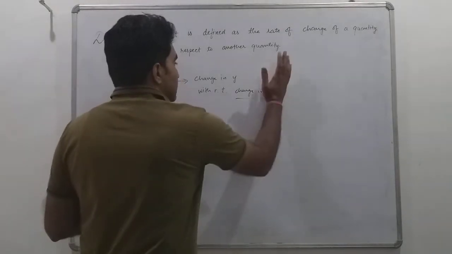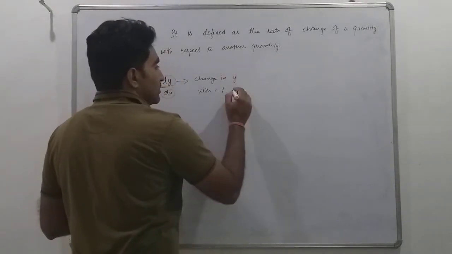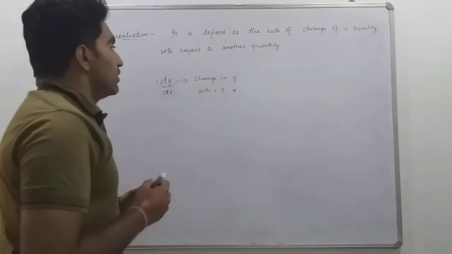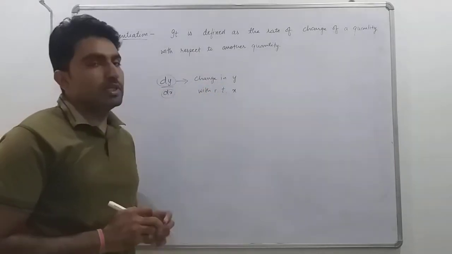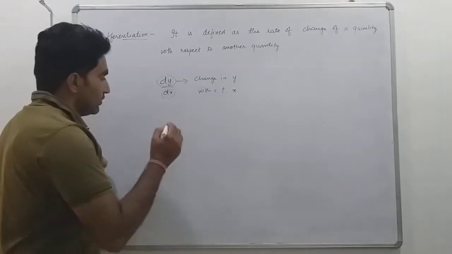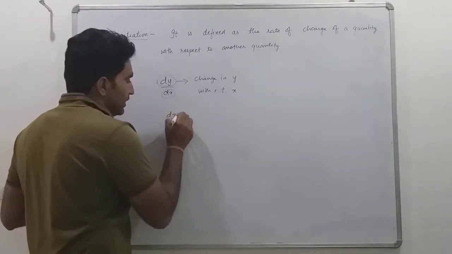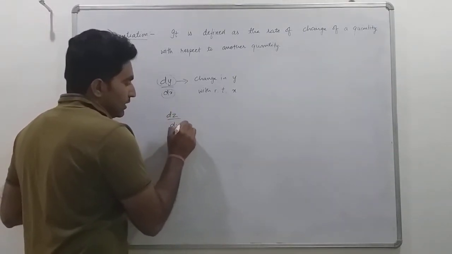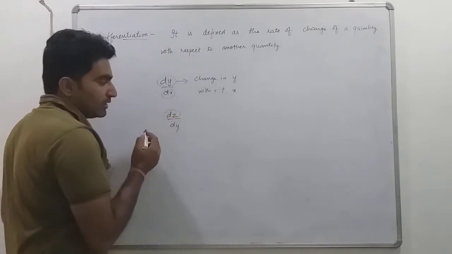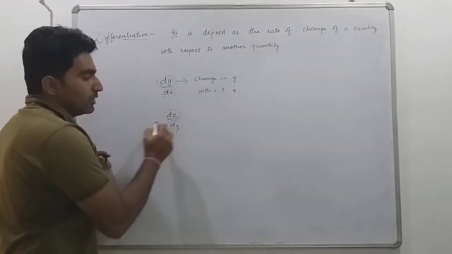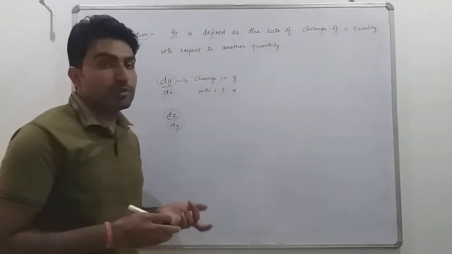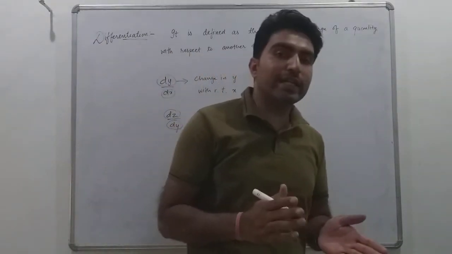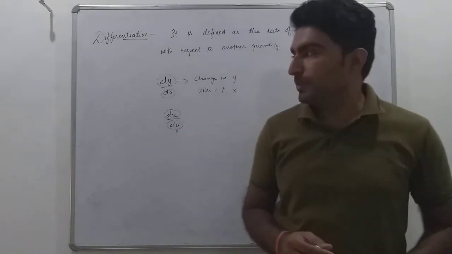Okay, dy by dx means change in y with respect to x. Again, if you write dz by dy, it means the change in z with respect to change in y. Here dx and dy represent a small change in x and a small change in y.